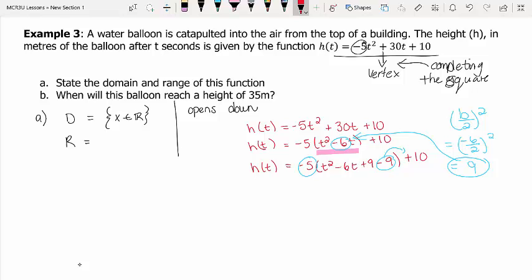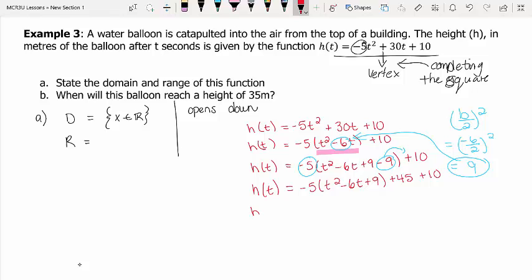We're essentially doing the distributive property. So when that negative 9 goes outside of the brackets, we have to multiply it by that negative 5. So we get plus 45.